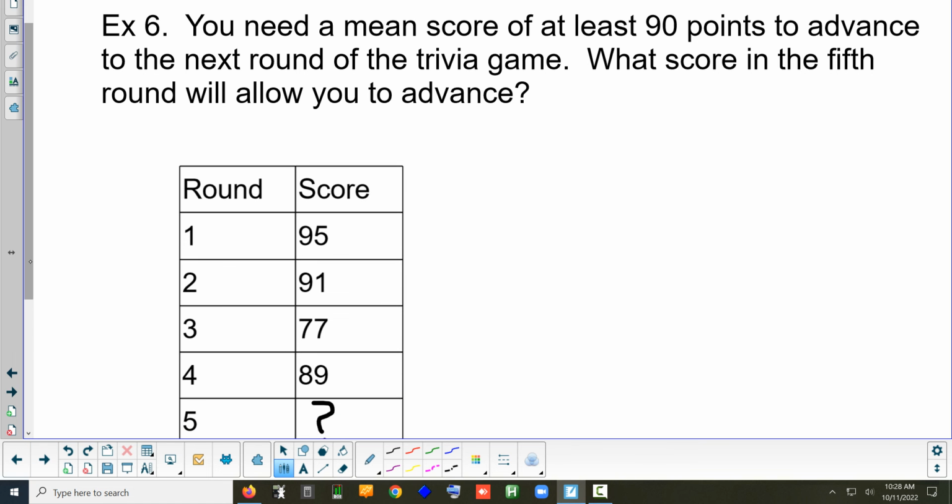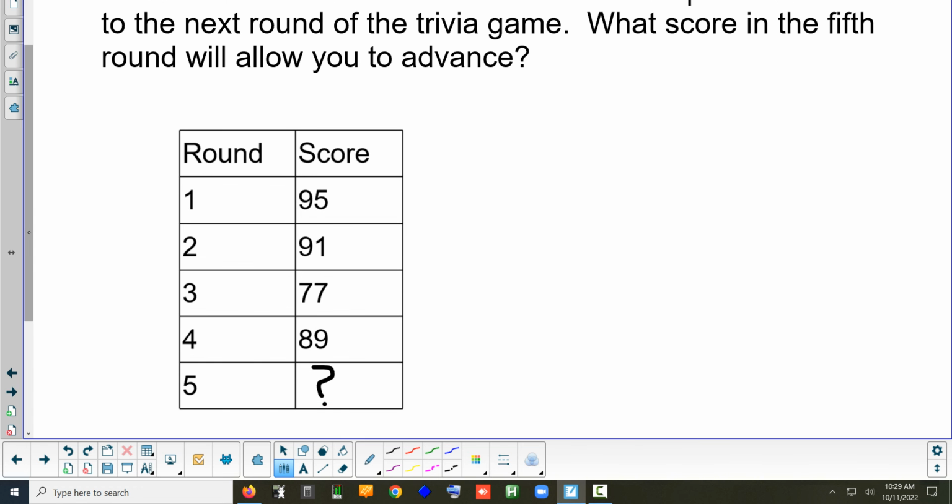So example 6 says you need a mean. Mean is just another word for average in math. So you need a mean score of at least 90 points to go to the next round in a trivia game. These are the scores that you've gotten in rounds 1 through 4.